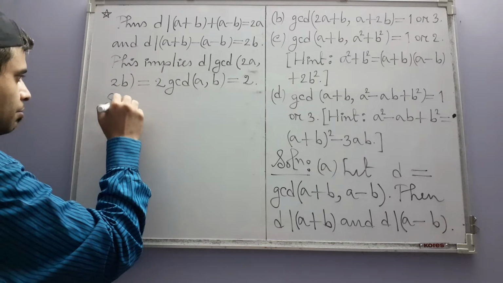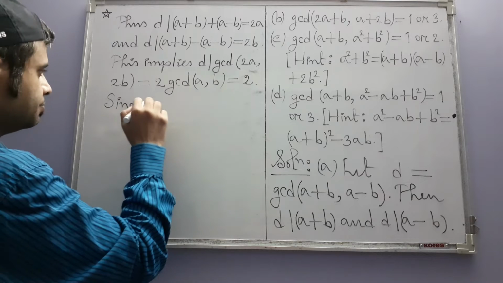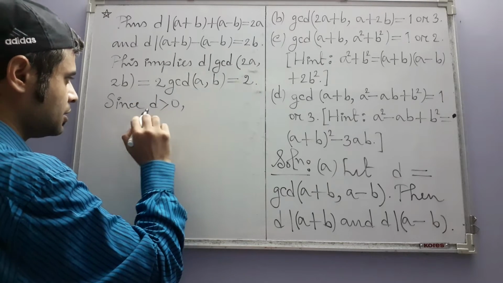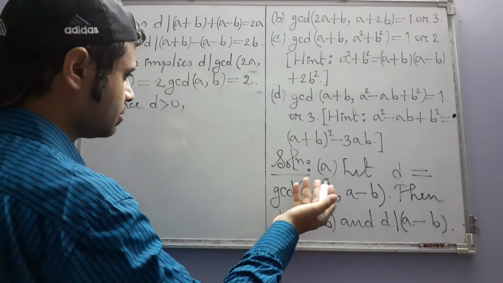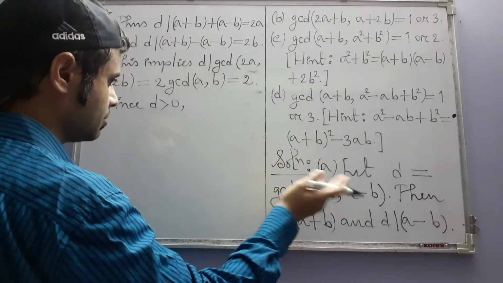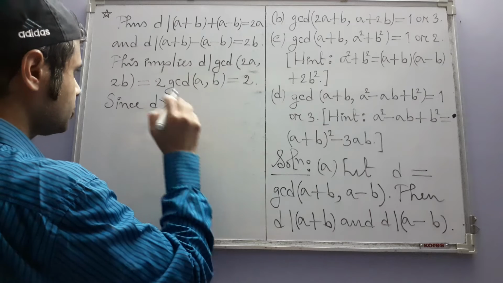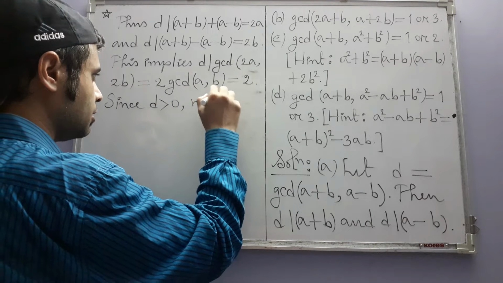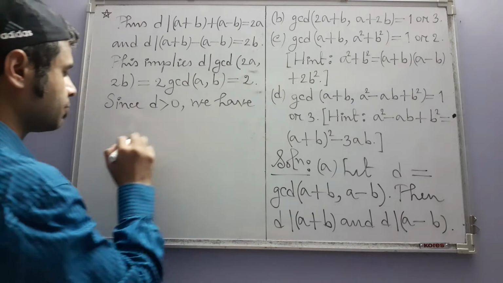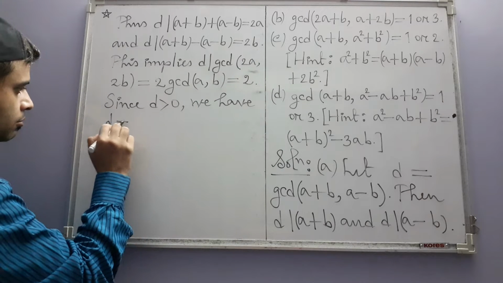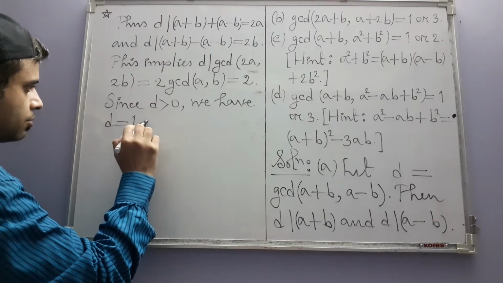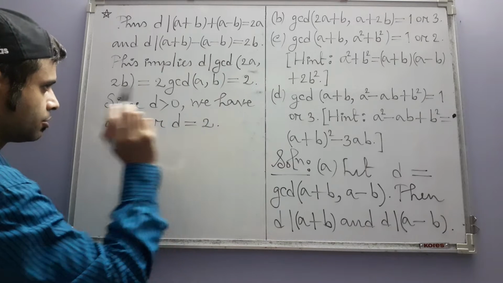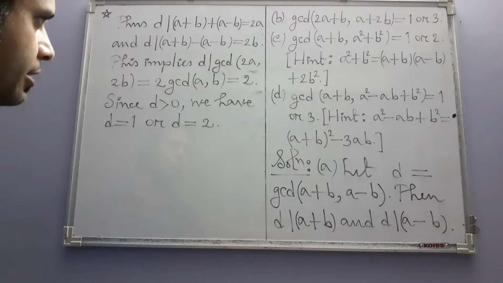Since D is greater than 0, which comes from the definition of GCD, we have D equal to 1 or D equal to 2, and that's what we wanted to show. Okay, so that is part A.